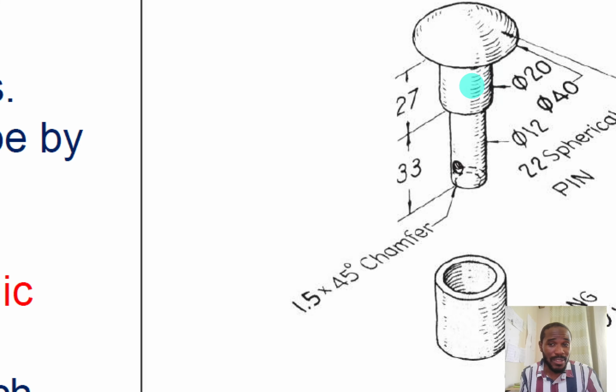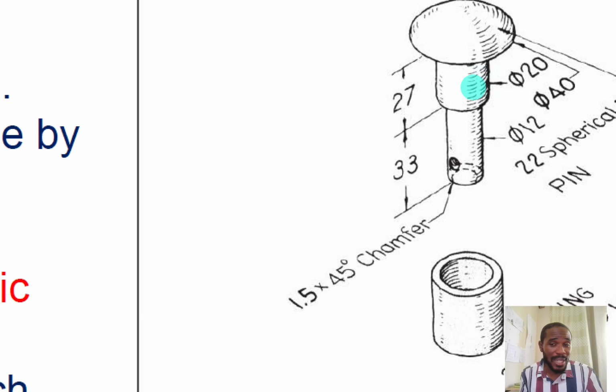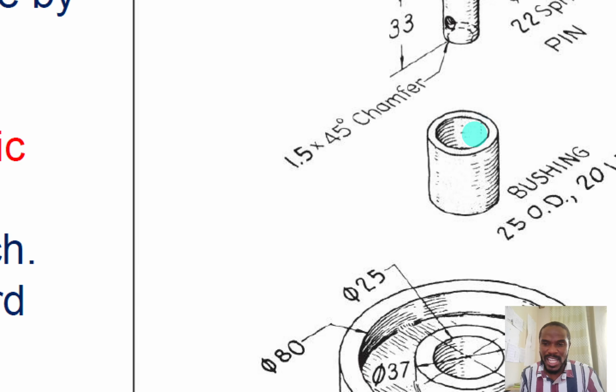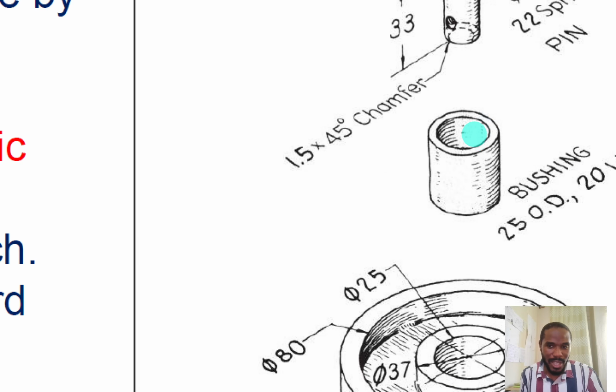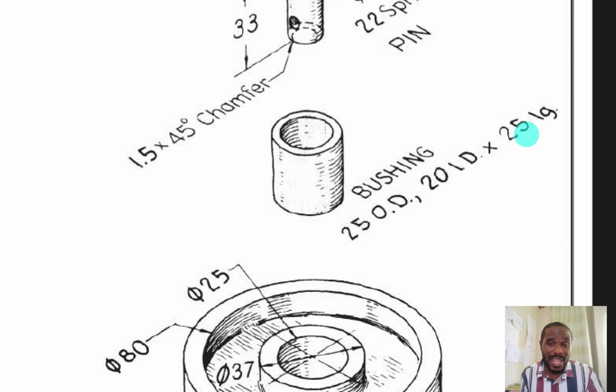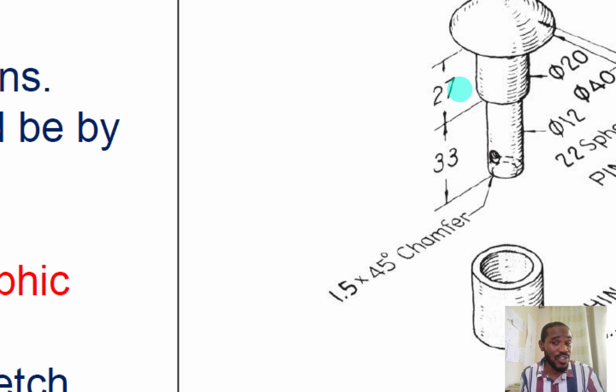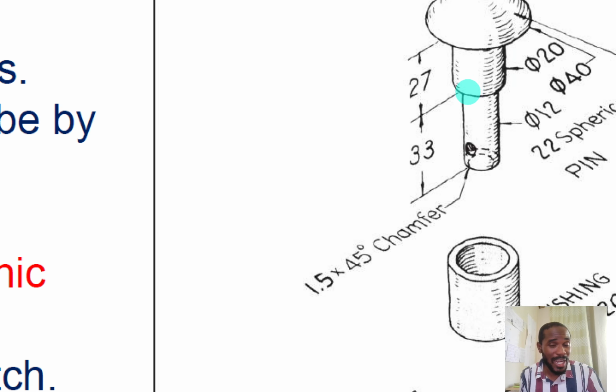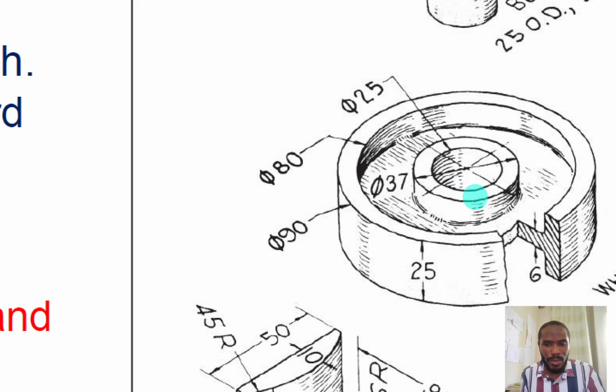This one, where my cursor is, has a diameter of 20, so that fits into the bushing. The bushing's length is 25. This one's length is 27. So there's going to be a 2 millimeter clearance when that bushing sits at the pin exactly. But that's not where I'm going.